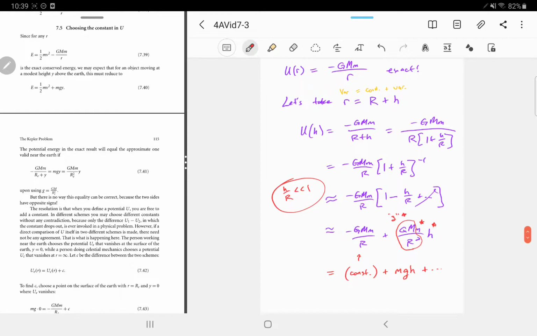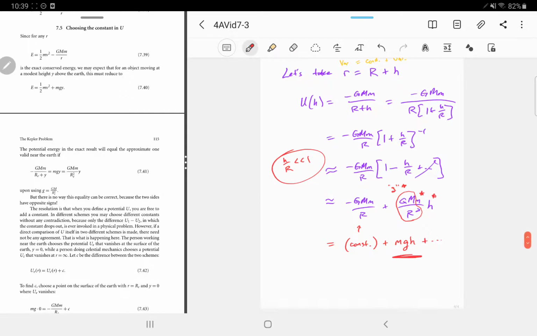So we have the exact expression. If we look at points near the Earth's surface, the potential energy is a constant plus mgh, which is the main way that this expression changes for points near the Earth's surface. And then there are smaller terms that are very, very small compared to mgh, and so we don't have to care about them.